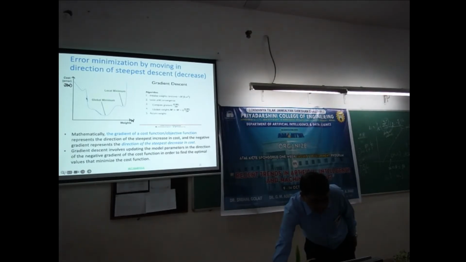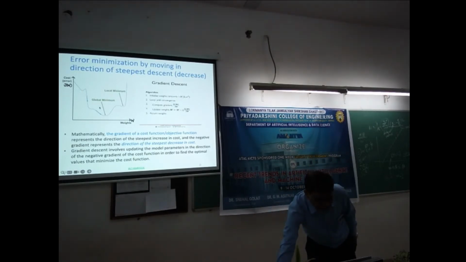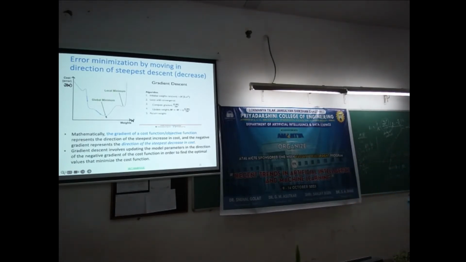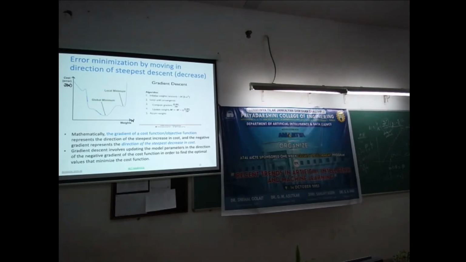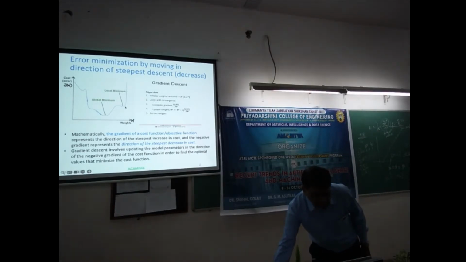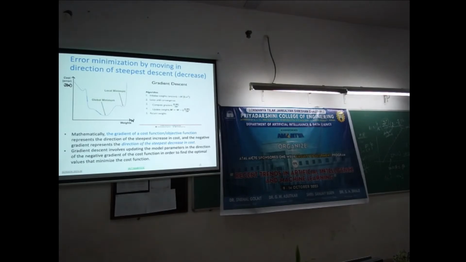The gradient direction at any point will be upwards: if you draw the tangent at any point, that represents the gradient, and it points upward, while we want to move downward. You will reach the point where the error is minimum. This is called the global minimum, and sometimes you may get stuck in a local minimum. You may be stuck there and have to take higher steps in order to come out of the local minimum. But forget about that for now.